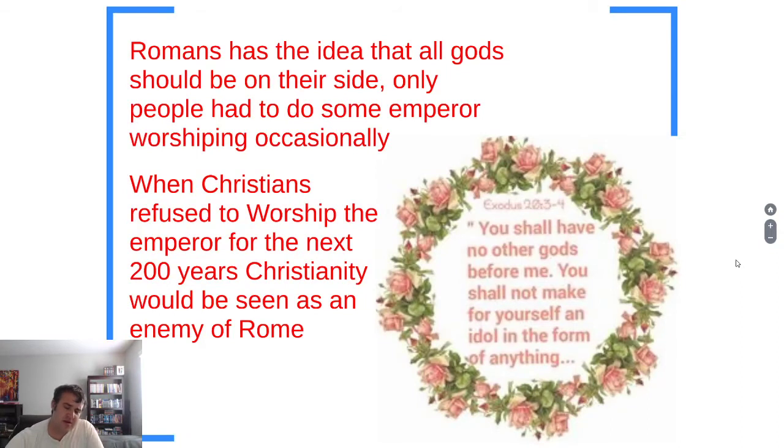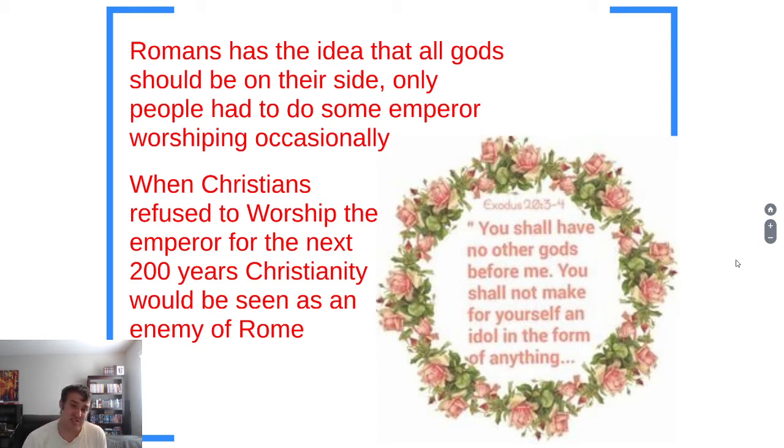Okay, and well, let's also talk about Roman politics during this period too. The Romans had this idea that all gods should be on their side. But they also said that the current Roman emperor was a god, and that every single person living in the empire had to worship the Roman emperor as a god too.